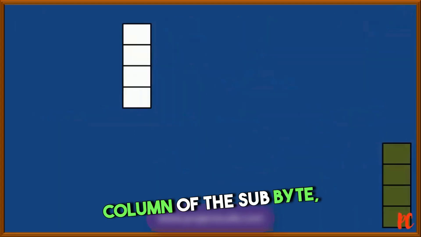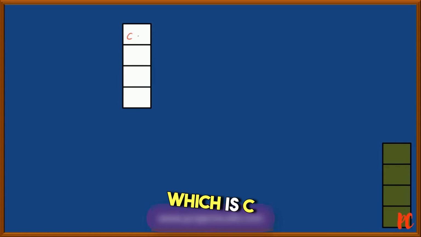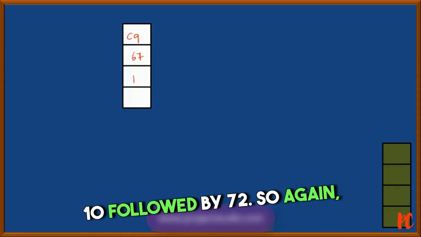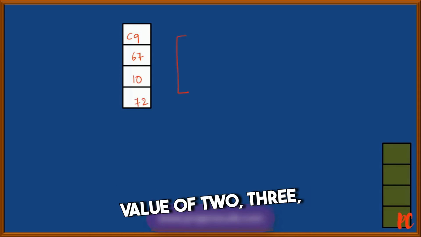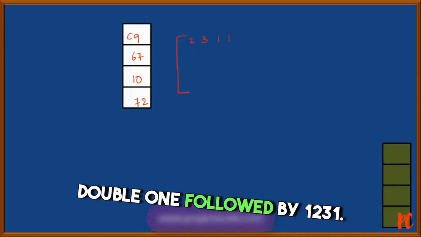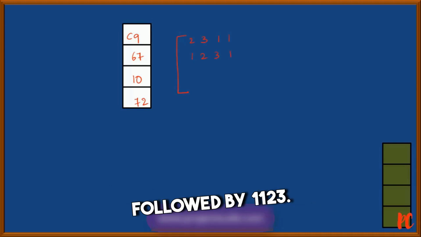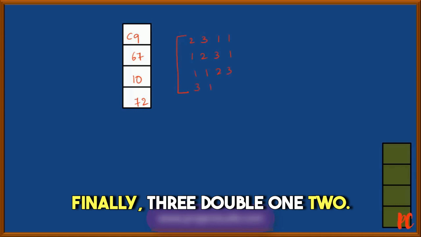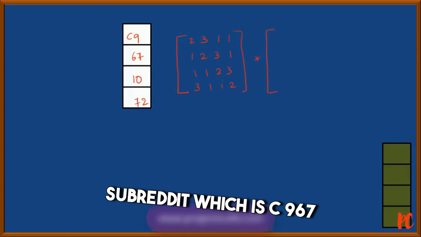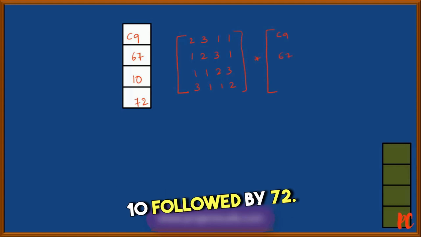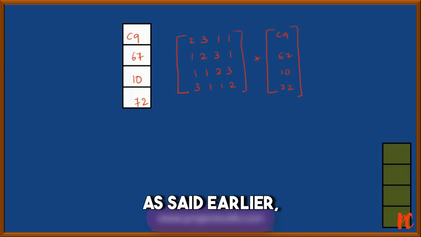Now coming to the second column of the subbyte, which is C9, 67, 10 followed by 72. Again we perform the matrix multiplication with the predefined matrix 2311 followed by 1231, 1123, finally 3112, multiplied with this second column of the subbyte, C9, 67, 10 followed by 72. As said earlier, the result would be 42, 45, 18, D3.